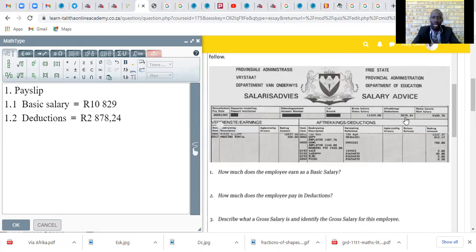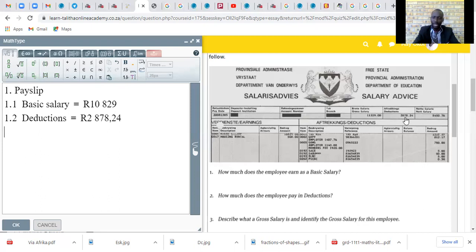These deductions are mainly the deductions taken from your account and given to another company. For example, with insurance, the money is taken from your account by the insurance company. Medical aid is also like that. It's not like when you had a problem, an accident, and you had to go to your employer and get some money. That is not the type of thing we call deduction.